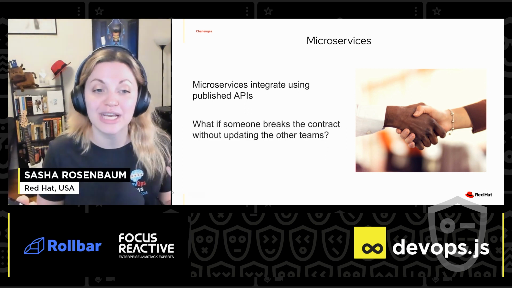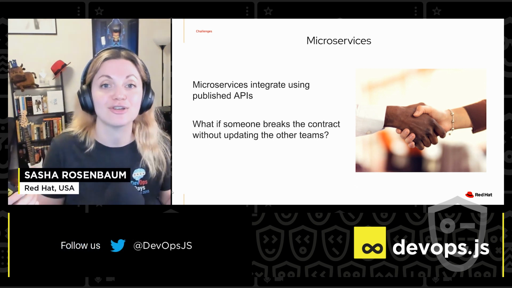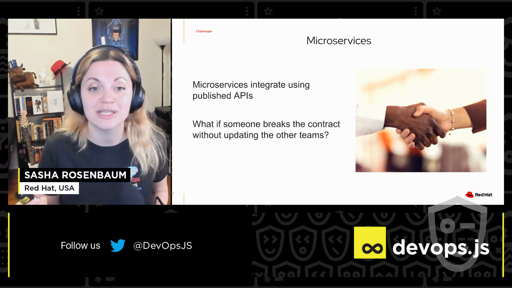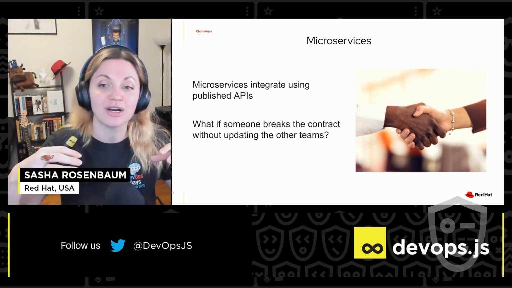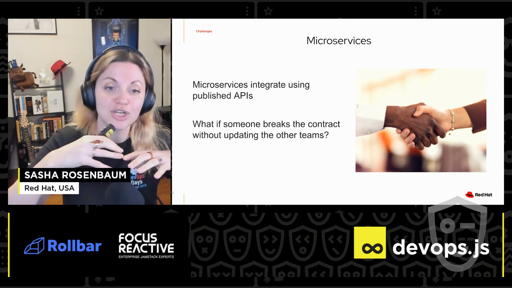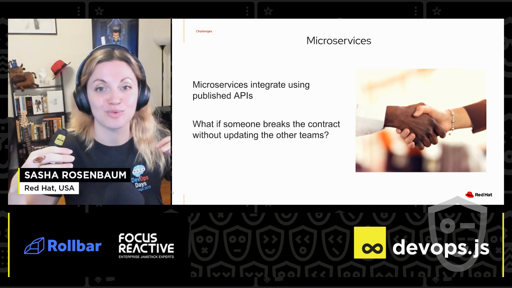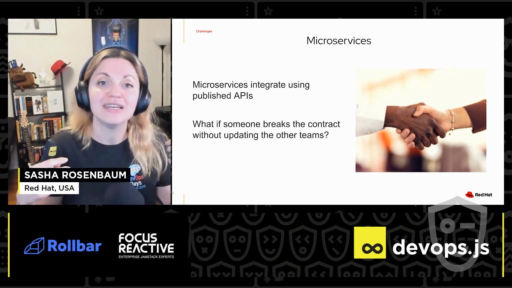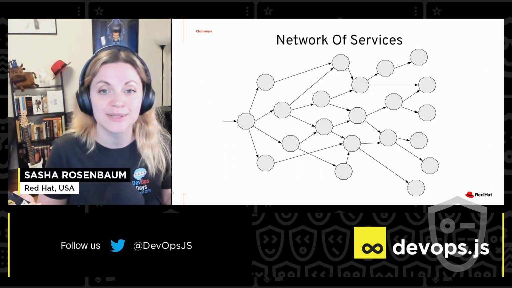And so if someone breaks this contract without updating documentation, without updating your team, they can essentially break every service that's dependent on them. And so instead of merge hell and integration, where all the teams come together and then have to merge it, you essentially just have this situation where someone can ship a change without a dependency on you, but you then can find out that it no longer works with your particular service.